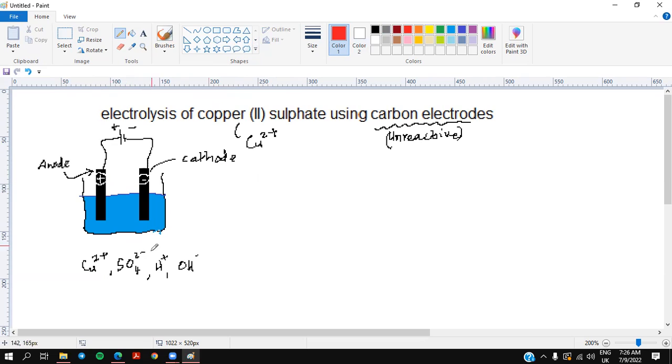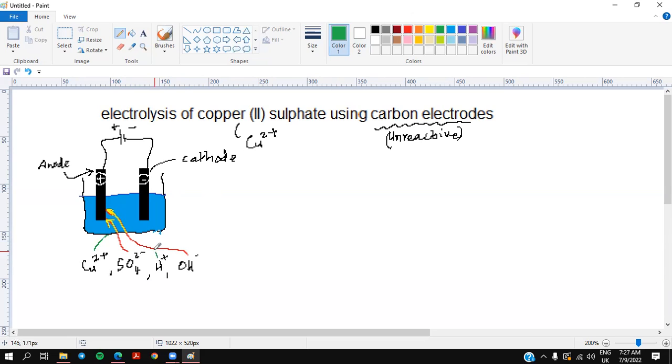Anode is having positive charge, so sulfate ions go towards the anode. Hydroxyl ions are negatively charged, they also go towards the anode. Then the next one, copper ions, positively charged.